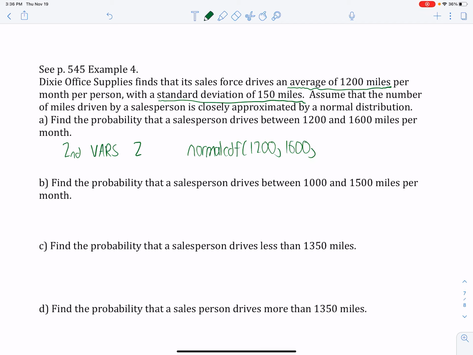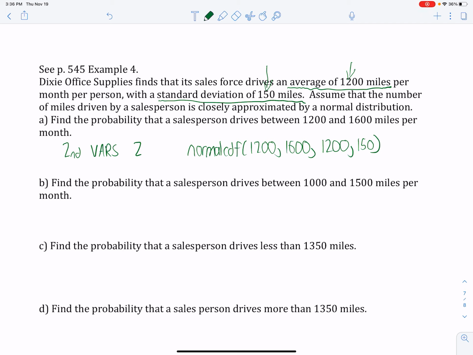Our mean, we're given right here, is 1,200. And then our standard deviation we're given right here is 150. Make sure you figure out where the Normalcdf function is on your calculator and that you learn how to use it to do these sort of calculations.